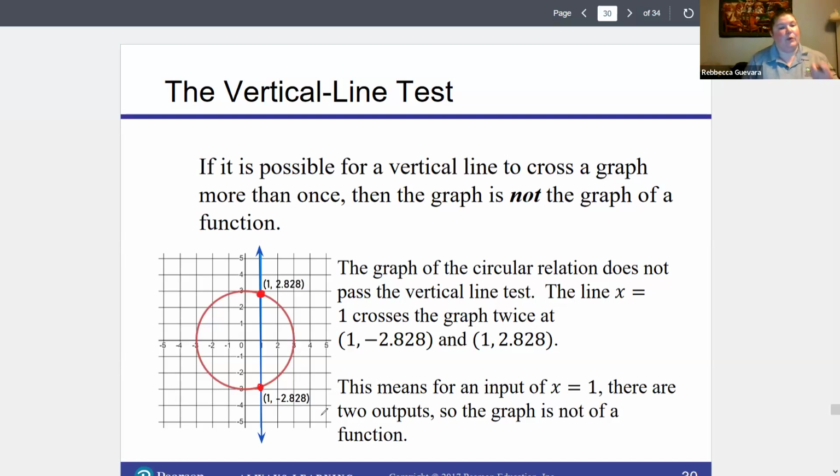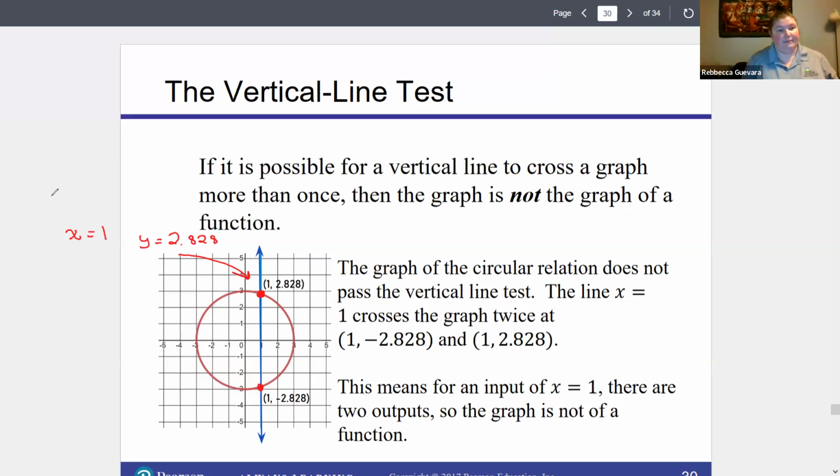If you remember, the point of a function is that one input should only produce one output. Well, this point here, this is where I had an x of 1. So I put 1 into this equation, or this relation, that's another name for equation. I put that in, and what came out was 2.828.